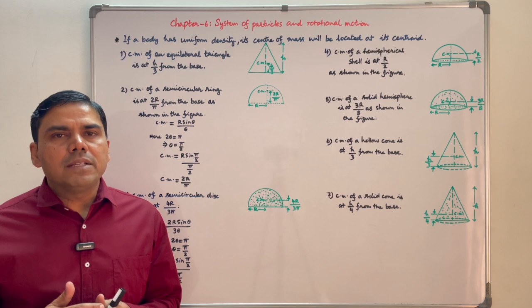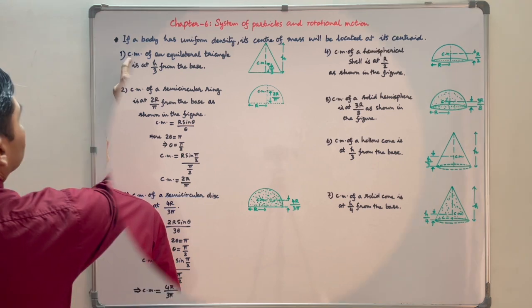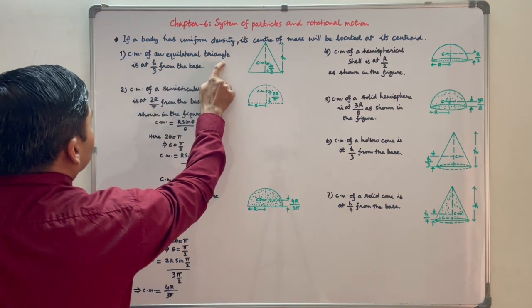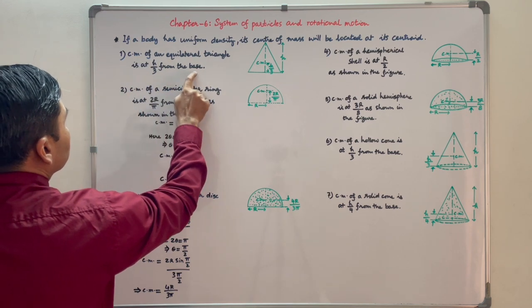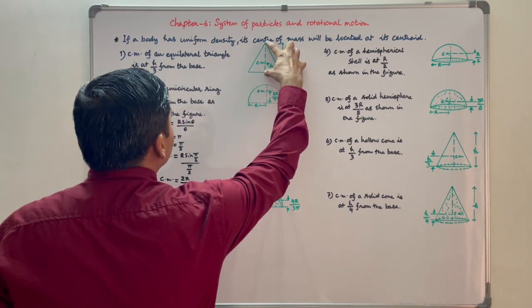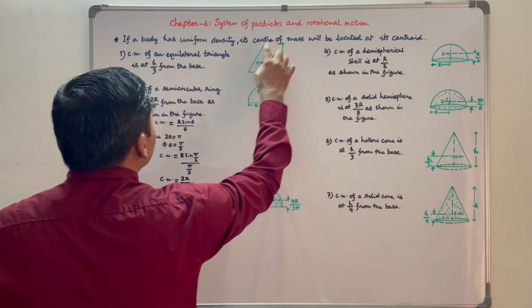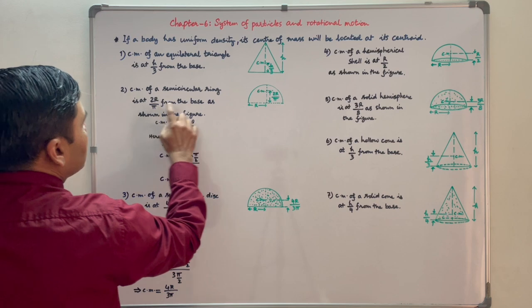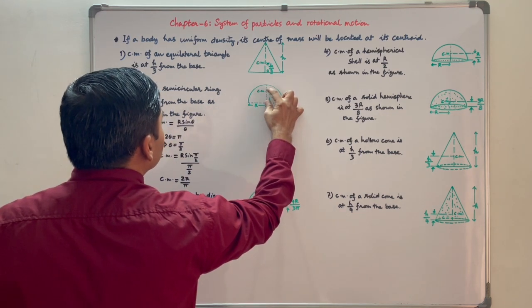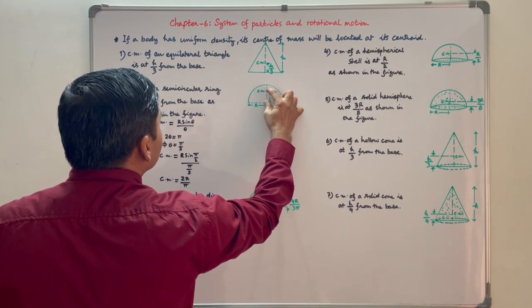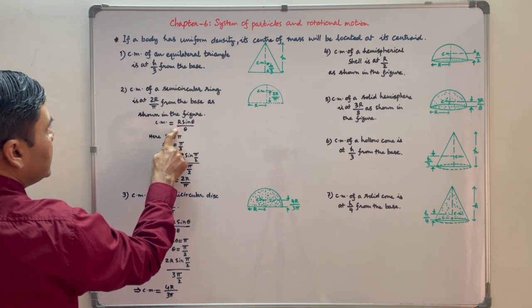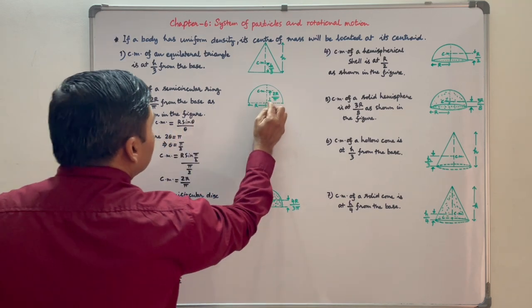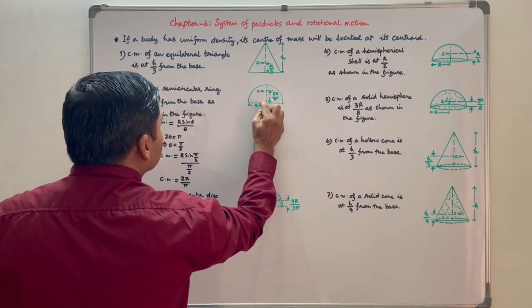Let us see center of mass of some regular shapes. Center of mass of an equilateral triangle is at height h by 3 from the base, where h is height of the equilateral triangle. Center of mass of a semicircular ring is at 2r by pi from the base. We can use the formula center of mass of a sector of uniform circular ring is given by r sine theta upon theta, where 2 theta is the angle subtended at the center.